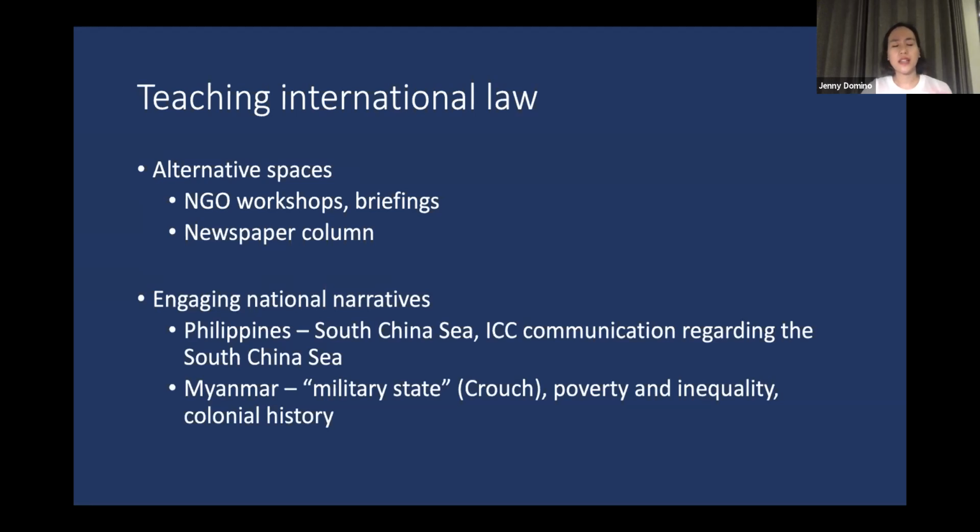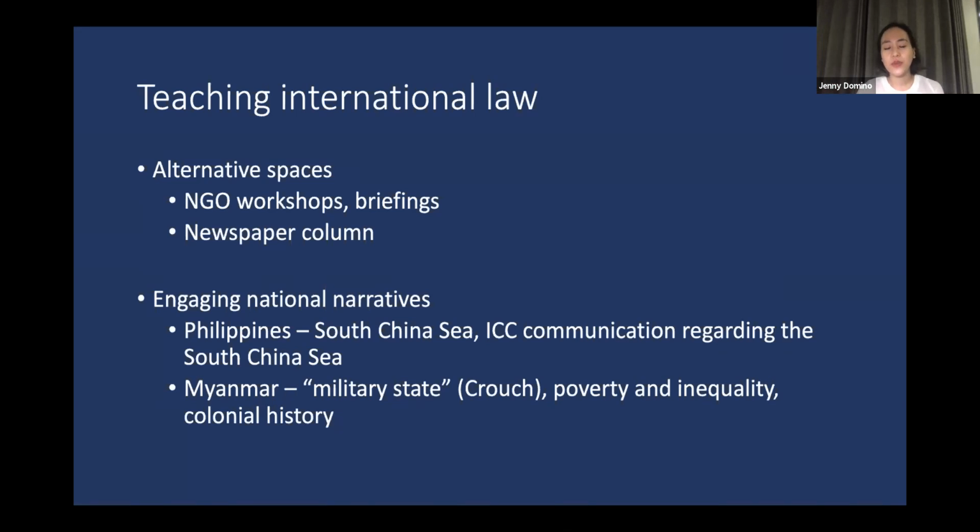I think the ICC prosecutor decided that the EEZ is not within the territory for purposes of exercising territorial jurisdiction. That's not what I'm trying to get at here.